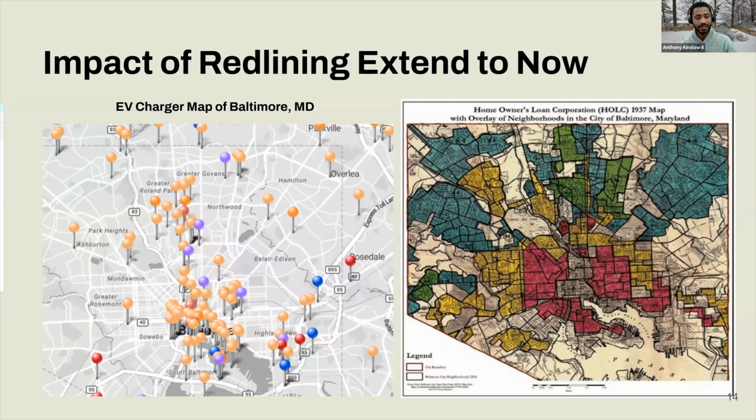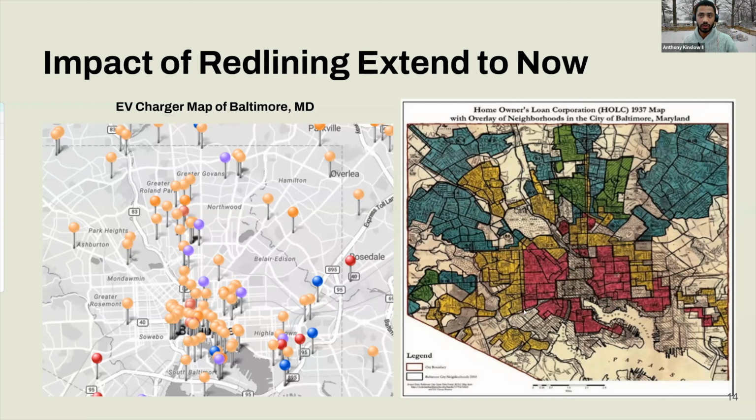But essentially, it was the practice of separating certain communities based on race for preventing investment into those communities, right? And this was from a federal and local positioning that these communities were seen as high risk due to them being Black communities.